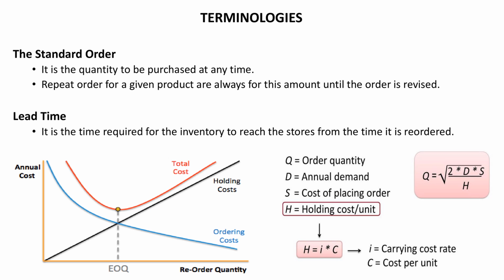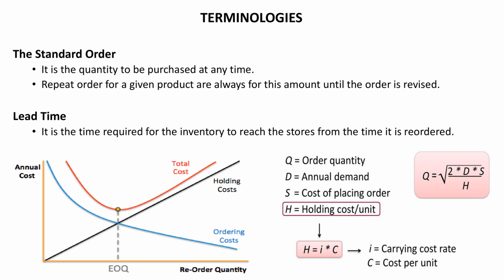Below is a graph of the various costs encountered in inventory control. On the x-axis we have the quantity to be ordered and on the y-axis we have the annual cost of the material.